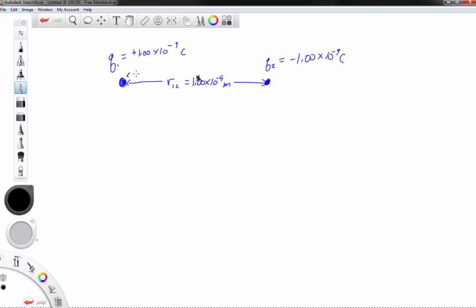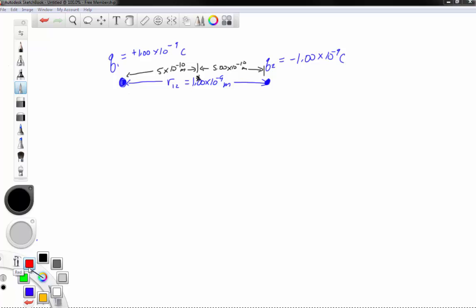At this point, we basically are 5 times 10 to the minus 10 meters away from each charge. I'm dropping some significant figures, obviously, from that first one. So that would be here. That's position number 1. The second place that we're supposed to find, B, 1 nanometer from the negative and 2 from the positive charge. So position number 2 is actually right here.